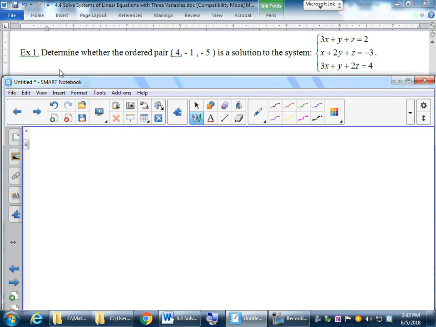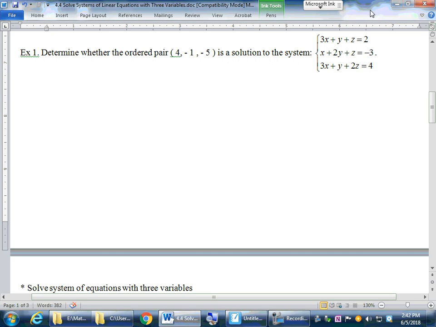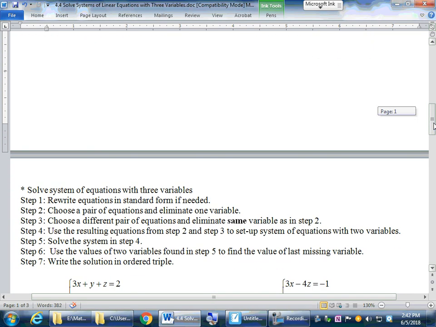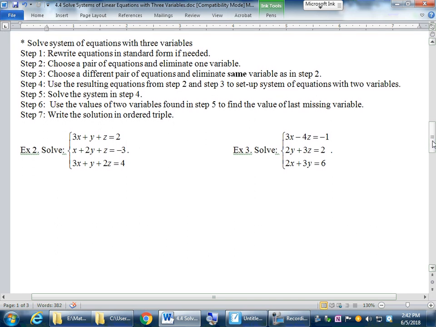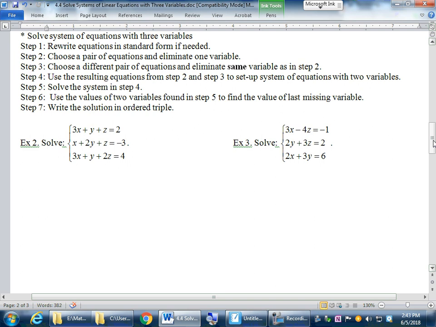Now, going back to the main thing that we want to do, which is solving the system of three equations and three unknowns, I would recommend you follow the structure very carefully, so that way you will not get confused.